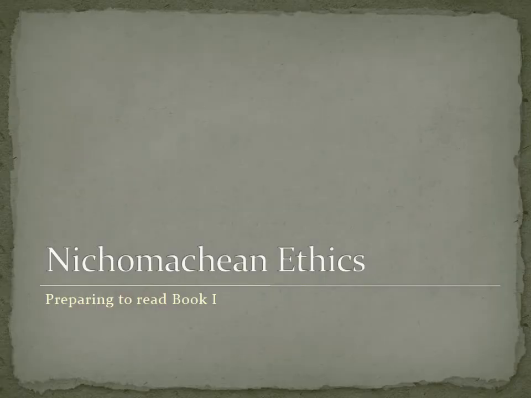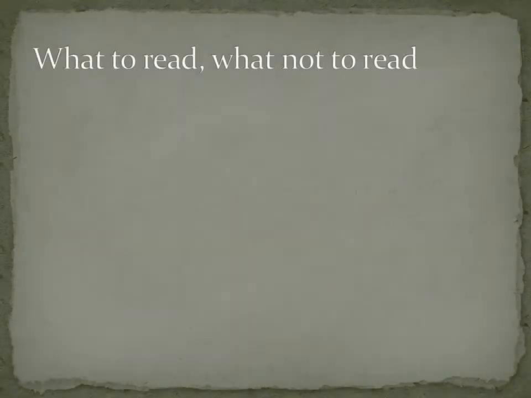So let's take these strategies to the Nicomachean Ethics. I'm going to ask you to read only certain parts of the first few books of the Nicomachean Ethics. Read all of sections 1 and 2, each of which is only 1 paragraph.